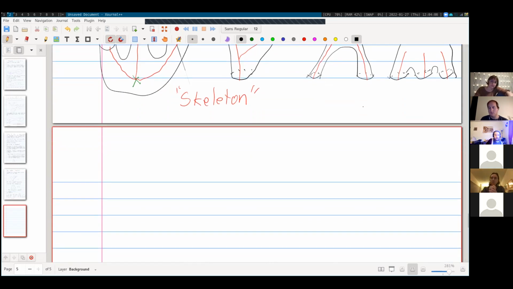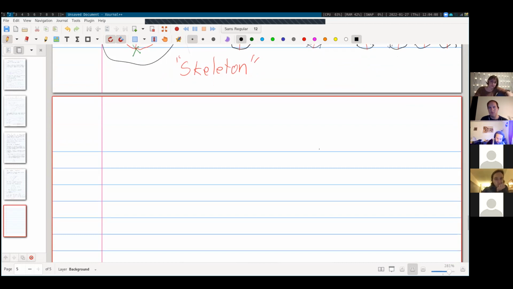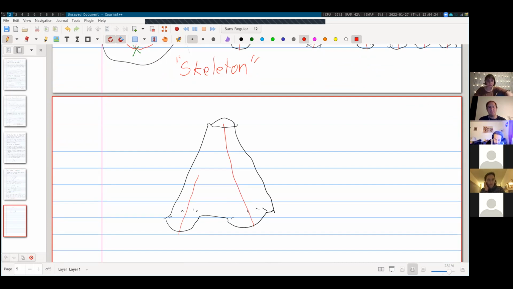So when we're actually in the middle of this thing, right? Say we're in this situation. We're somewhere deep in our surface. We have our skeleton. Okay.